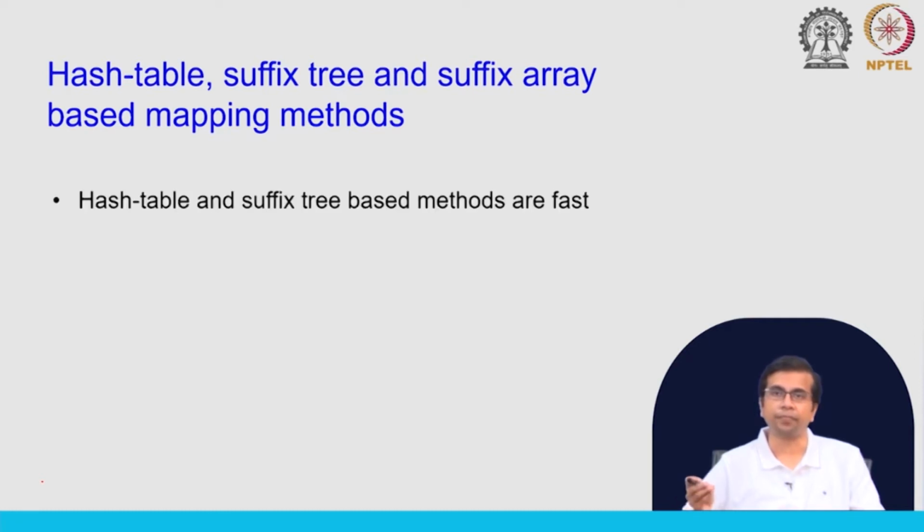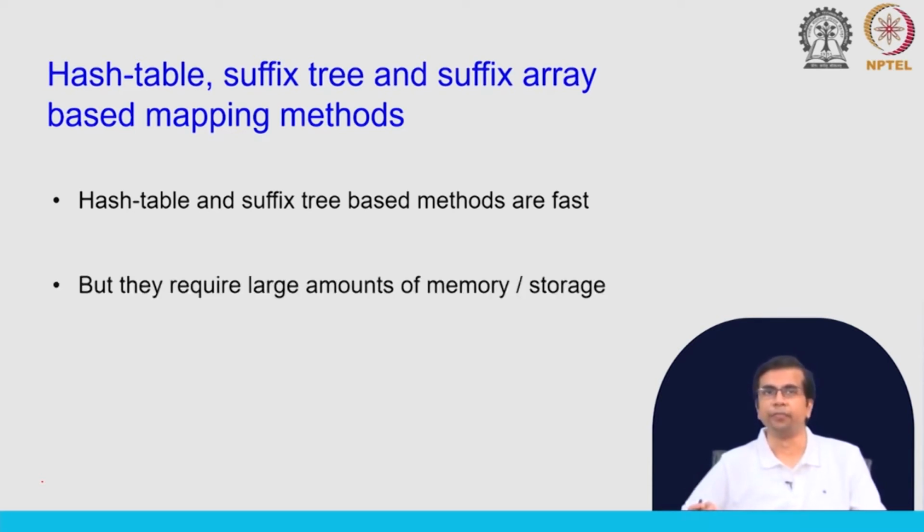To summarize, hash table and suffix tree based methods are really fast. We can map reads very quickly, and compared with BLAST or BLAT or even brute force, these are incredibly fast.